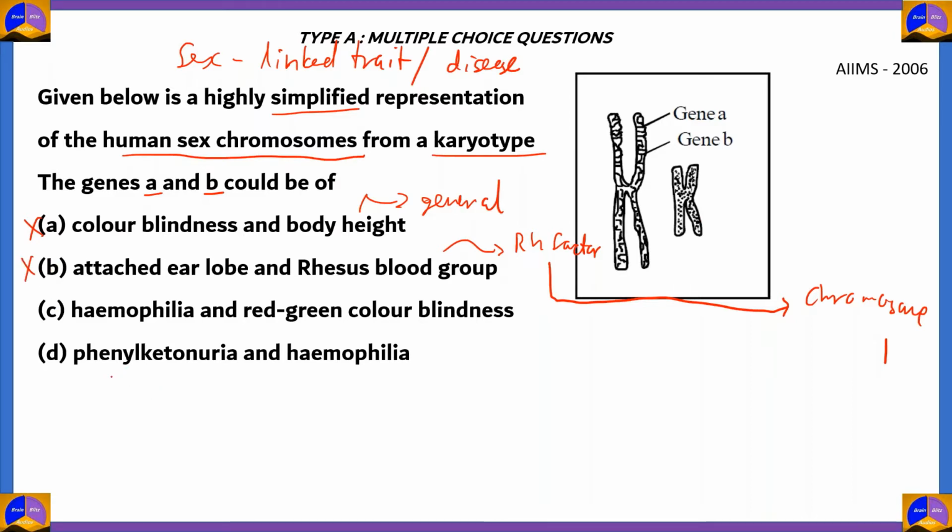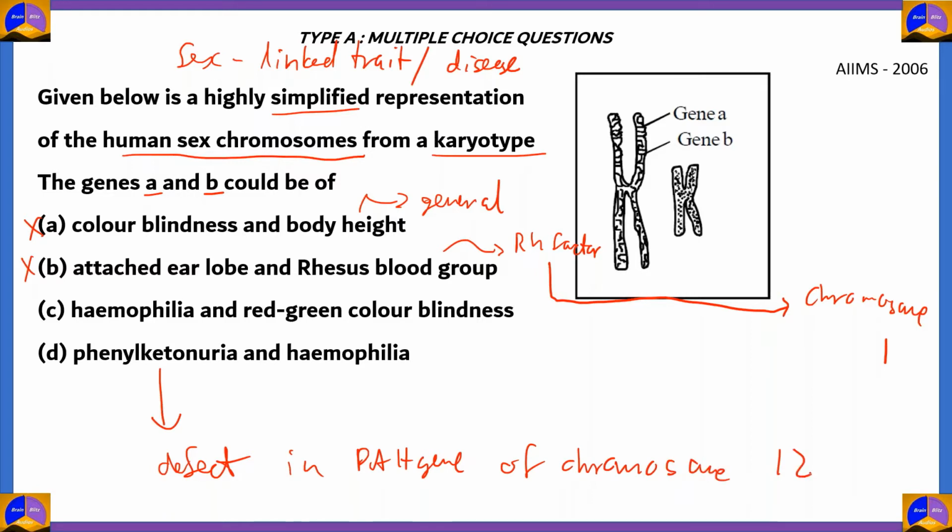What about option D, phenylketonuria and hemophilia? Among these, phenylketonuria is a defect in the PAH gene of chromosome number 12. So option D is also incorrect.